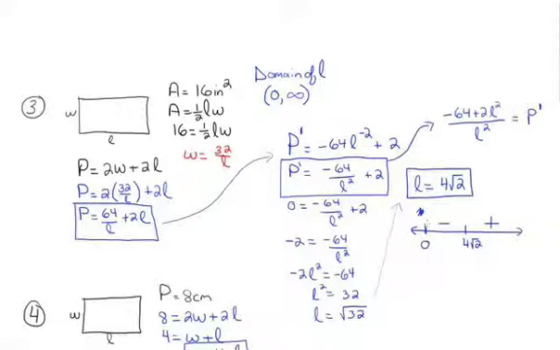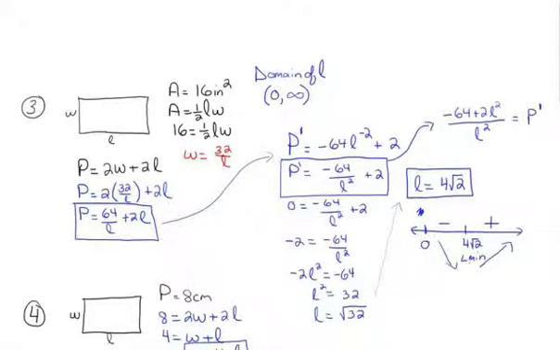But wherever I'm sort of ending up, my slopes are negative as I leave, so that means I'm going down. I hit 4 root 2, and then my slopes turn positive. So that definitely makes this a local min. And the question asked, number 3, what is the smallest perimeter possible for a rectangle whose area is 16?